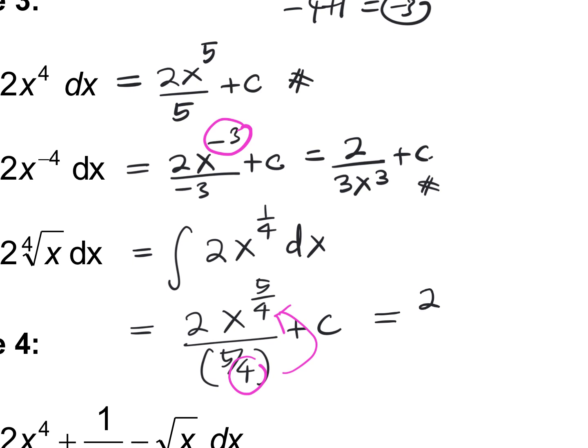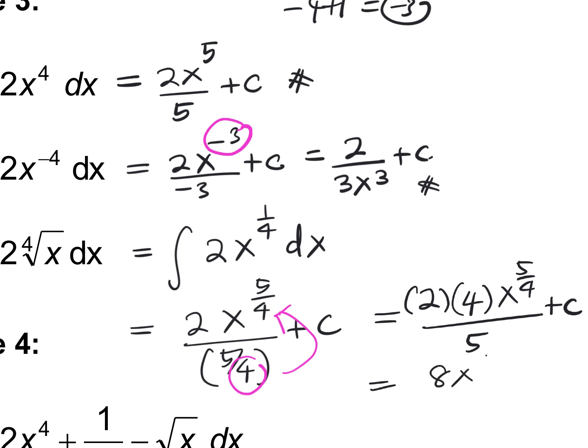Okay, so I think I will put it in terms of, okay, this is one term. Multiply with 4. And then you ada x 5 per 4. Okay, bahagi dengan 5. Tambah c. Okay, so this 4 and 2, then you will get 8 x to the power of 5 over 4 divide by 4 plus c.